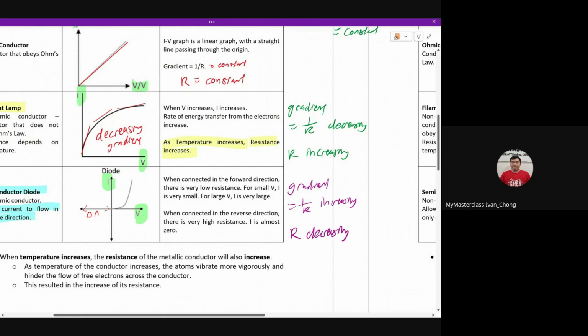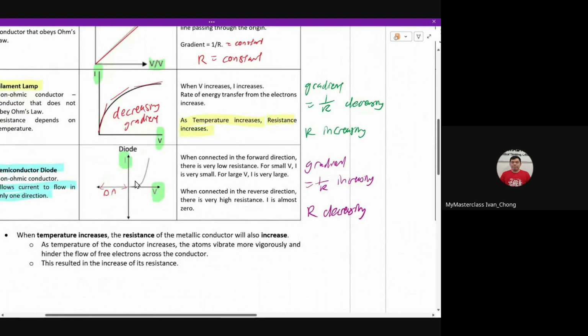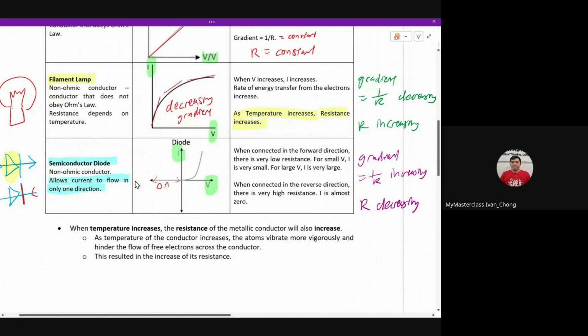You can see that the more voltage you have, the smaller the resistance. If you have too much current, your semiconductor diode might explode. Once you reach a certain point, it will explode, so please be careful.